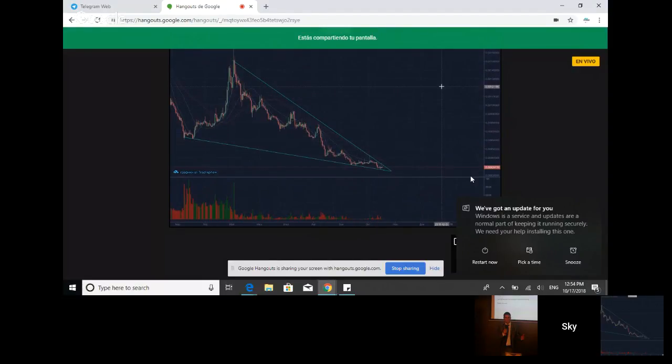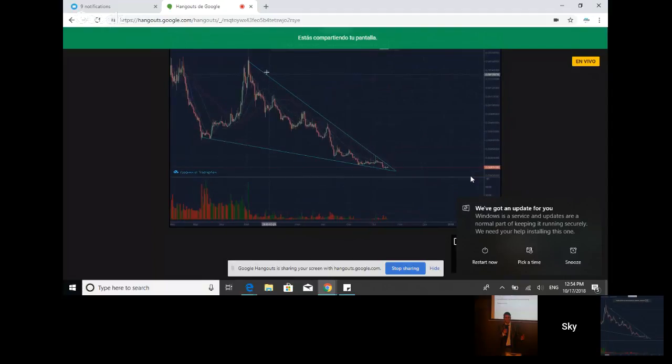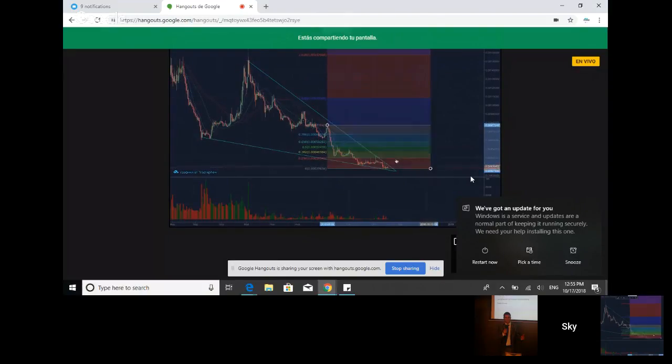So let me show you this with Fibonacci. The conservative targets should be placed at least at 39,000 Satoshi, 46,000 Satoshi, and 52,000 Satoshi.